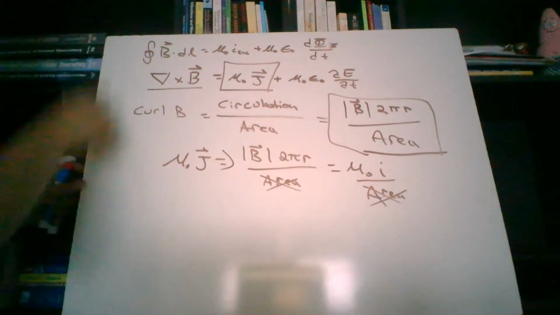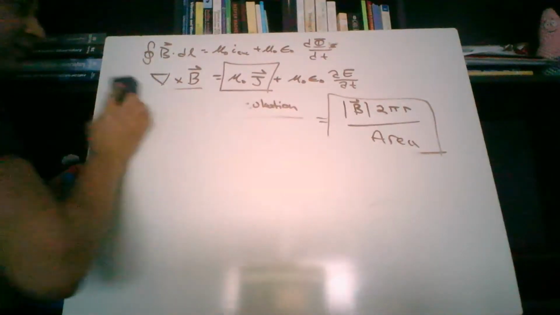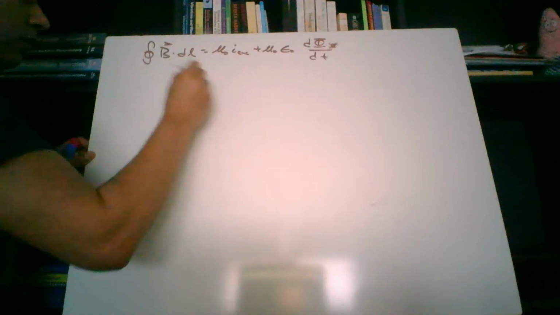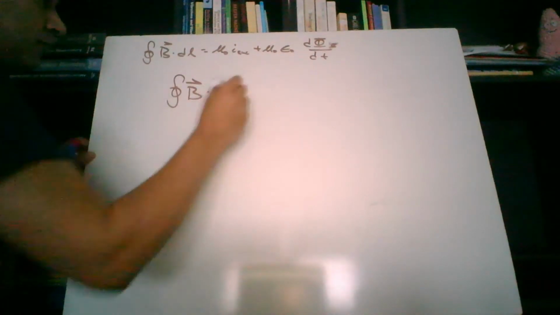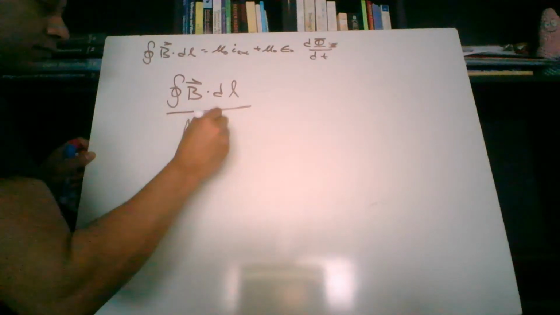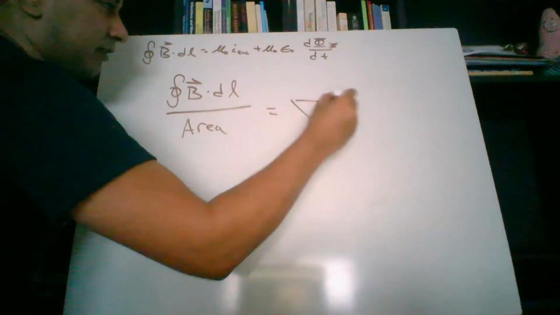So by definition, how is this and this related then? Like this. We can say that the integral of B dot dl, if you divide it by the area, that's going to equal the del cross product.